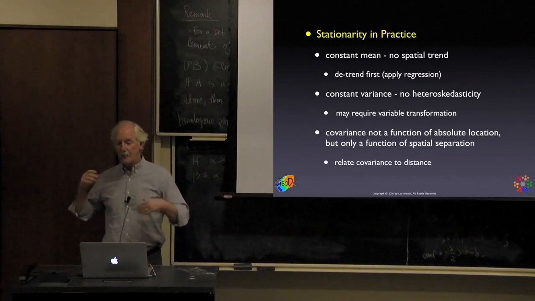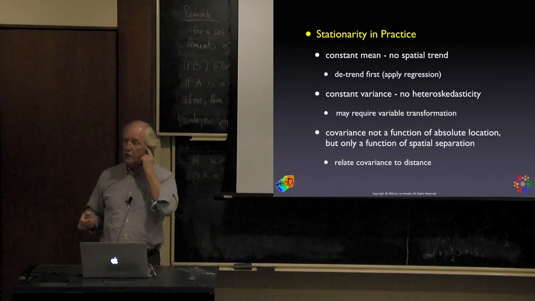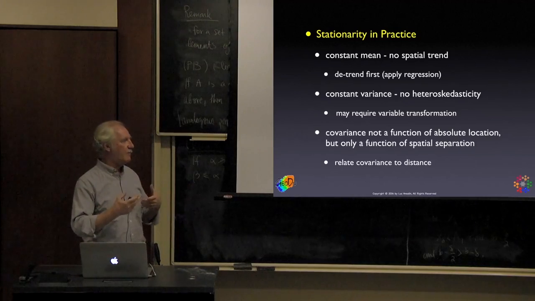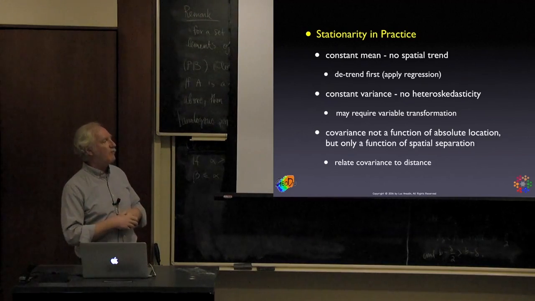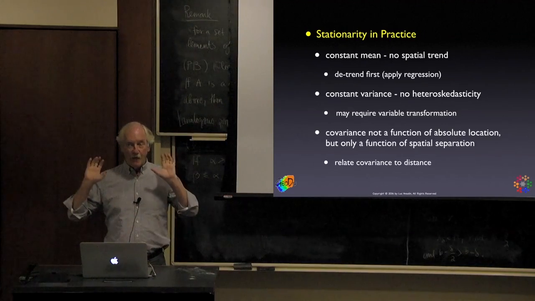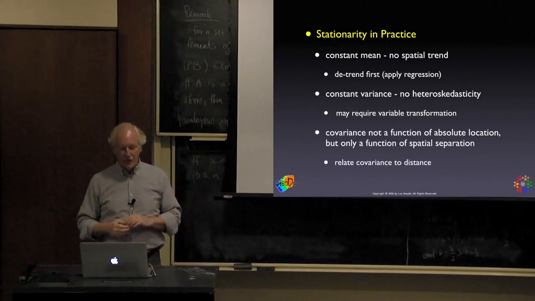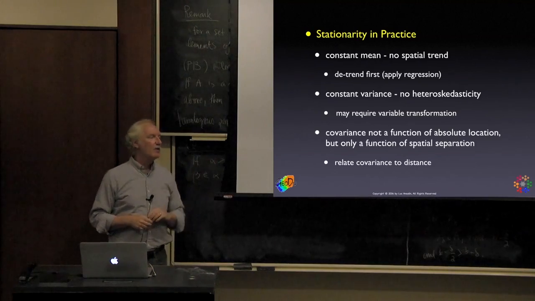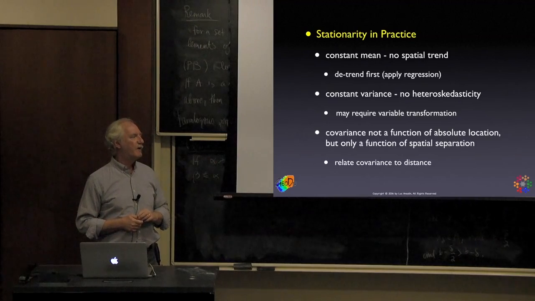So again, if you have heteroscedasticity, you have to deal with it. And you typically deal with it by transforming the variable or changing the functional form or some trick like that, right? And then the thing that we let vary is the covariance. But even here, we're putting restrictions on the covariance.